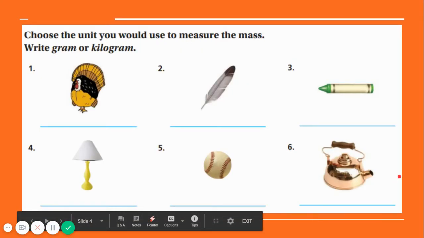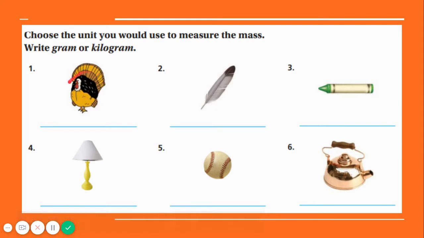Let's go through each of these and decide if we would measure it with gram or kilogram. A turkey, a full-size adult-grown turkey. Is he going to be like the weight of one paper clip, or is he going to be way more, like probably way more than 1,000 paper clips? We would measure him with kilograms. How about a feather?